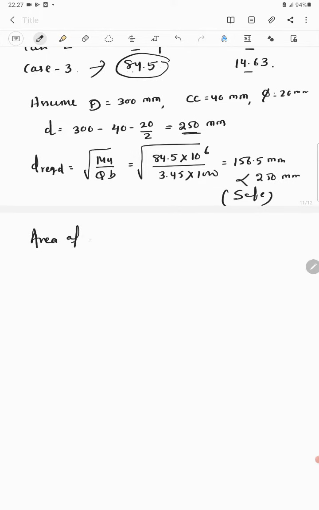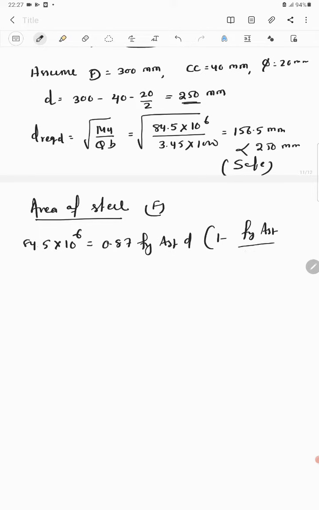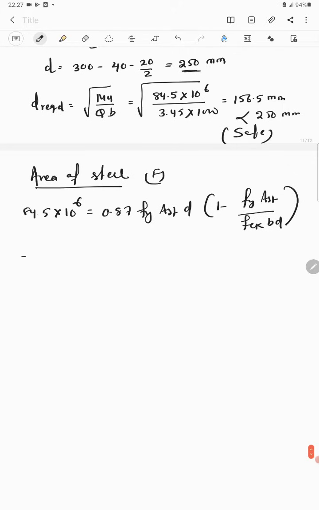So now I will calculate area of steel. Area of steel at the center, F. Center of bottom slab, that is F. So same process, 84.5 into 10 to the power 6 is equal to 0.87 fy Ast d into 1 minus fy Ast divided by fck b d. Just put the expression, we'll get an area of steel 1011.41 mm square.